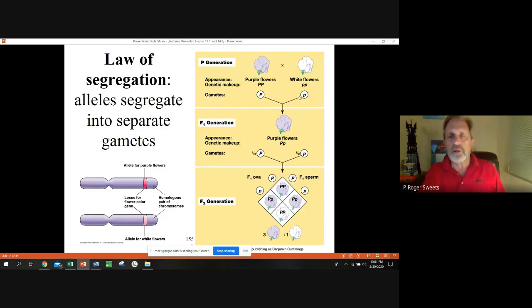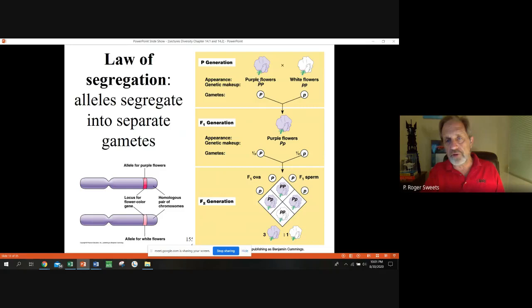So let's start with the purple. Here we see our true breeding, which are going to have a typical sign that we'll use, a capital letter for the supposedly dominant trait and a small case letter for the recessive trait. So these all had the large, right, the gametes.